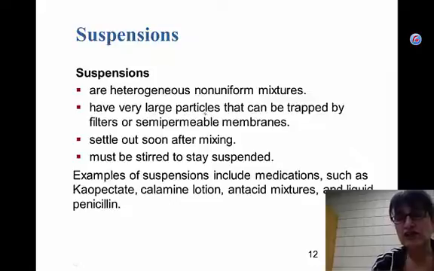These particles are large enough that we could filter them out, and they can't go through a semi-permeable membrane. A lot of your children's medication like liquid Tylenol, milk of magnesia, liquid penicillin, all of those things are things that you have to shake well before using. Those are your suspensions.